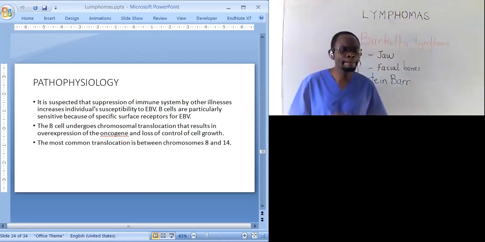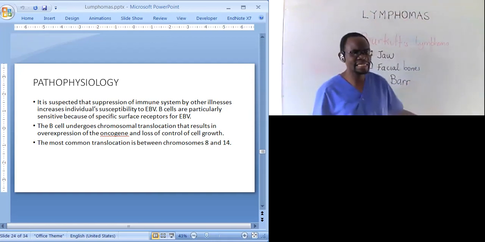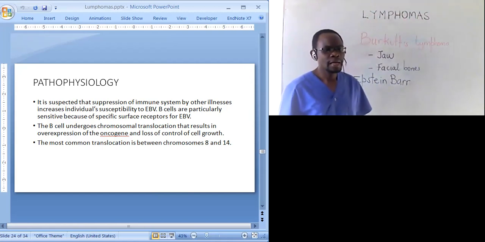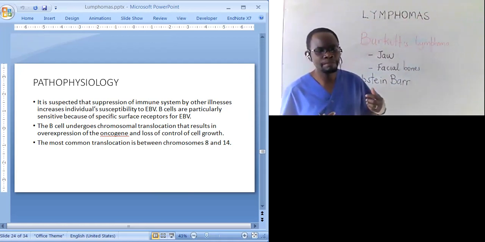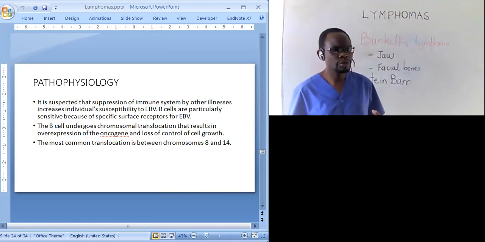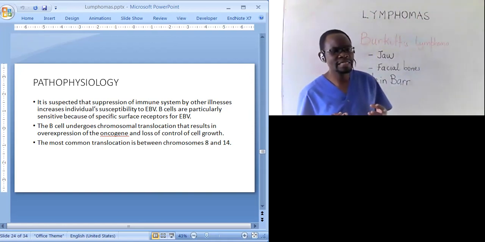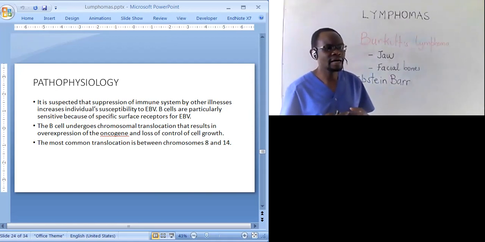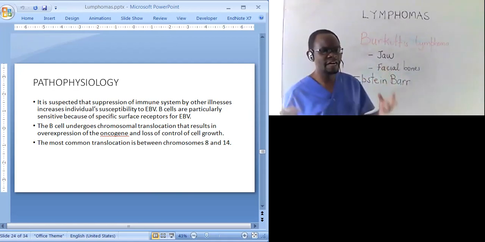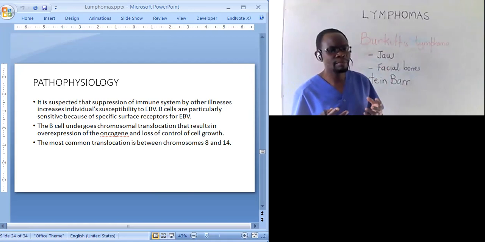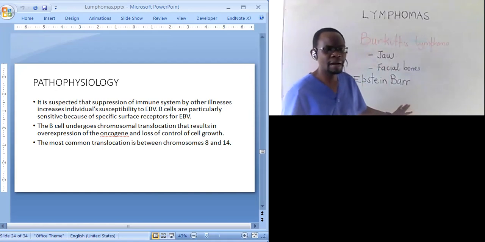In other words, when this virus attacks the lineage of the B cell, it basically causes transformation of the chromosome, and once it does that, the B cells that are being manufactured become abnormal.